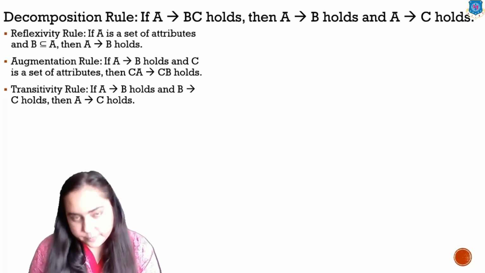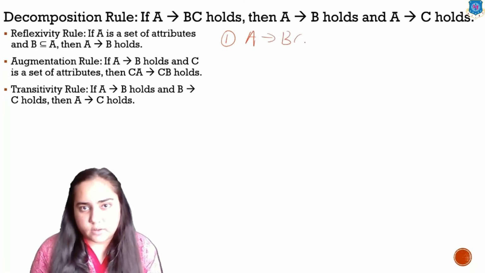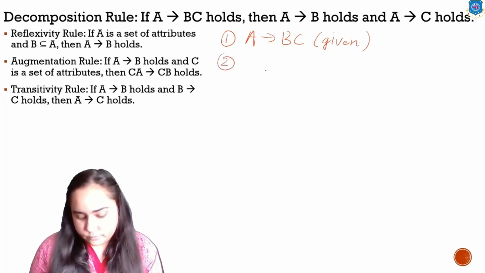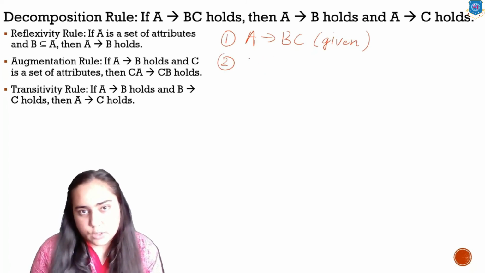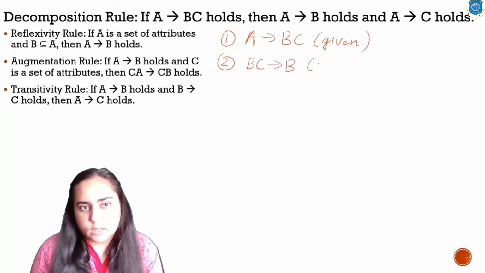So in this case, once again, I'm going to show you the calculation here. So as a first step, I'm just going to write down what is there in the rule which I can use. So I can use A determines BC, which is given. As a second step, at this point, I'm just going to write my own dependency, which is BC determines B. And you'll notice this is done by using reflexivity.